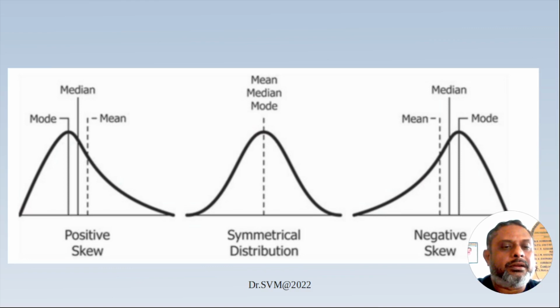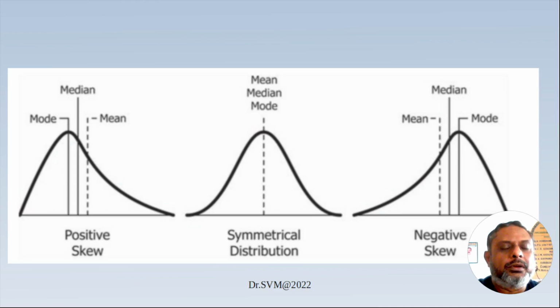And on the left side, if you see that, we call it a positive skew. That means more of the data is on the left side, and a long tail is on the right side. So the mode is the peak, and the median happens to be on the right of the mode, and the mean will come to the right of the median.